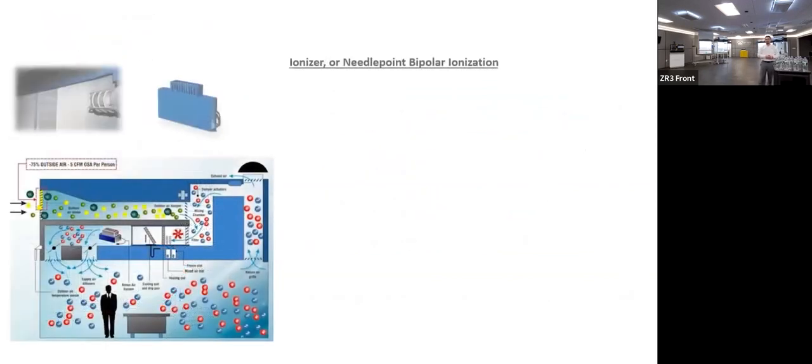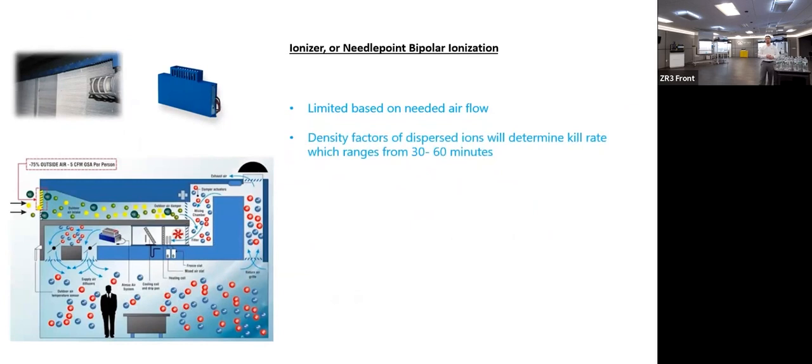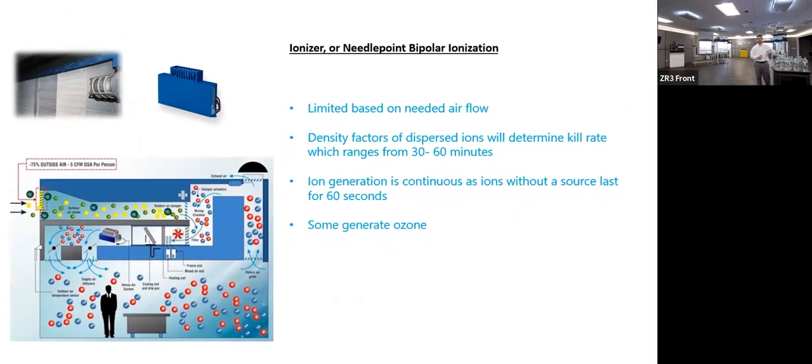Then we have my favorite, known as ionizers, needlepoint bipolar ionization. At this point in time, I think everybody's well aware of the risk factors associated with ions and the fact that you can't just put an ionizer into the HVAC system and have it rain down magical hydroxyls or negatively and positively charged ions to attach to a viral particle and deactivate that microorganism.